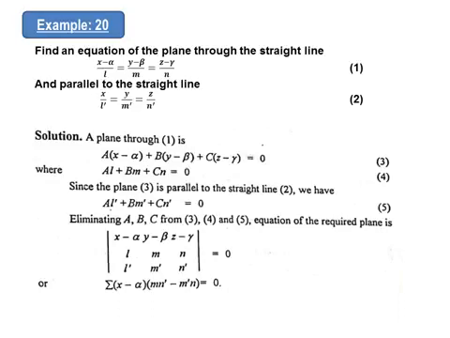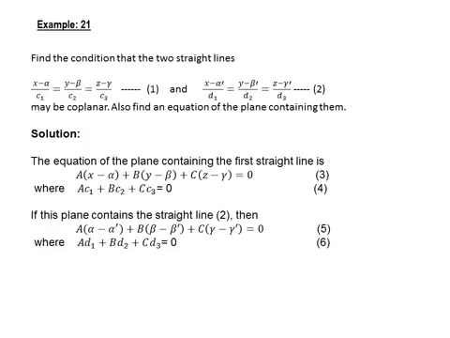Solving this determinant equal to 0, we are left with the sum of (x - alpha)(mn' - m'n) = 0, which is the required equation of the plane which is passing through the straight line and is parallel to the given straight line.